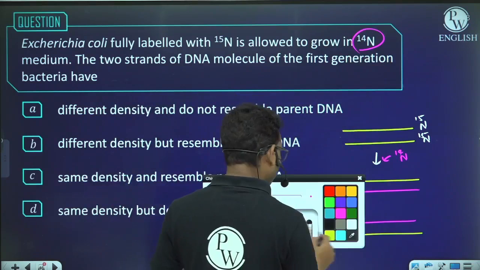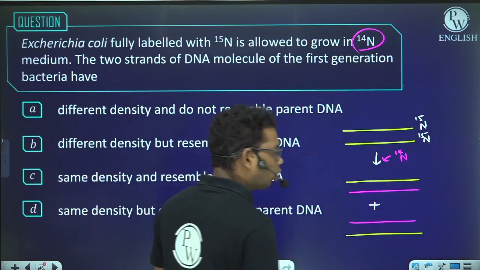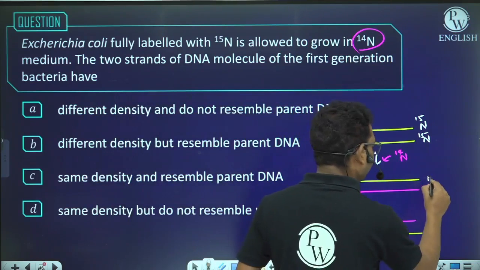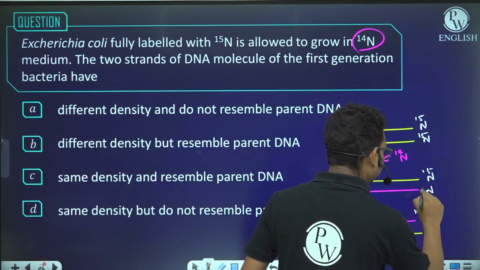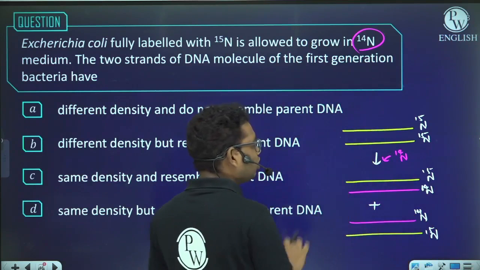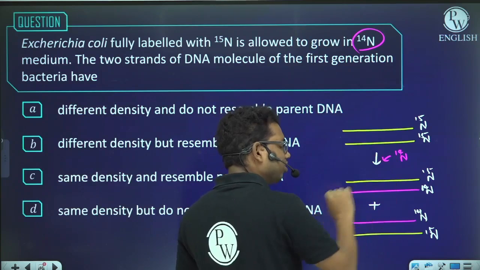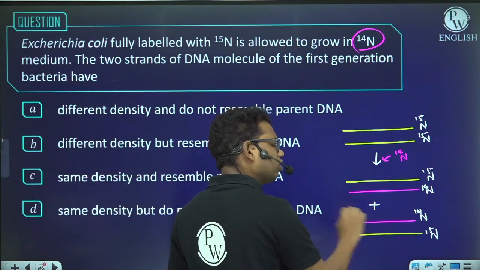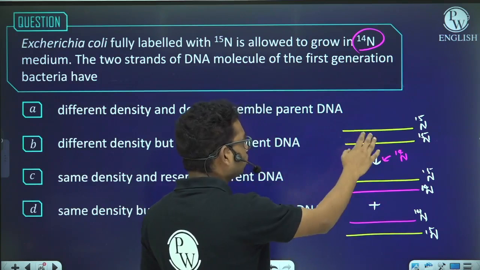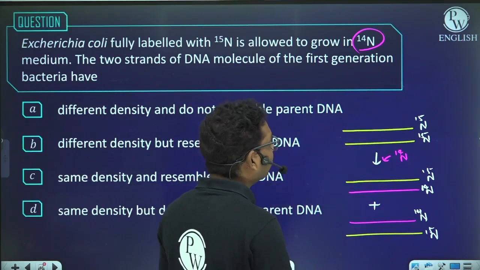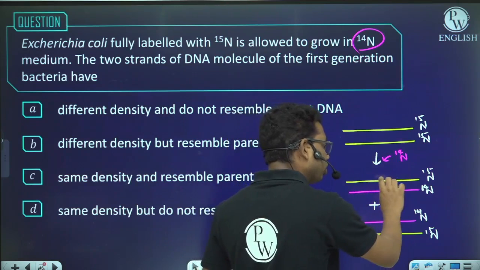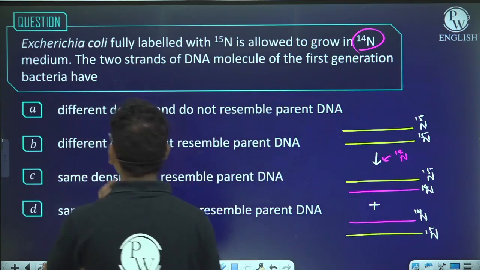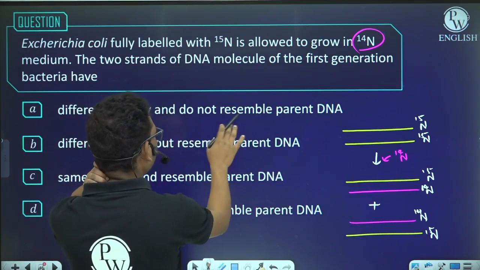So these are the two daughter DNA molecules. Here it will be N15, and this will be N14. The density of this DNA will be more than the density of the other DNA, so the density will be different, but the sequence of this DNA will be exactly identical to the sequence of the parent DNA. Do they not resemble the parent DNA?